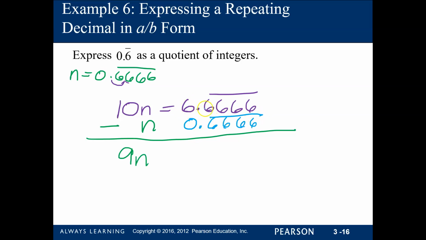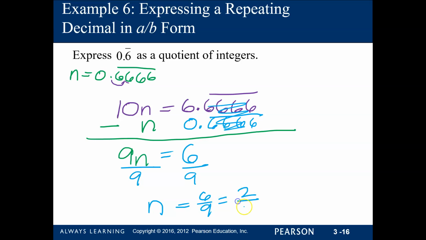So if I subtract 0.6666 from 6.6666, this will be gone and you are only left with a 6. And solving for n, we divide by 9, so n is going to be equal to 6 over 9. Both of them can be divided by 3, and so this is now going to be 2 over 3. So the repeating decimal would be two-thirds. All right.